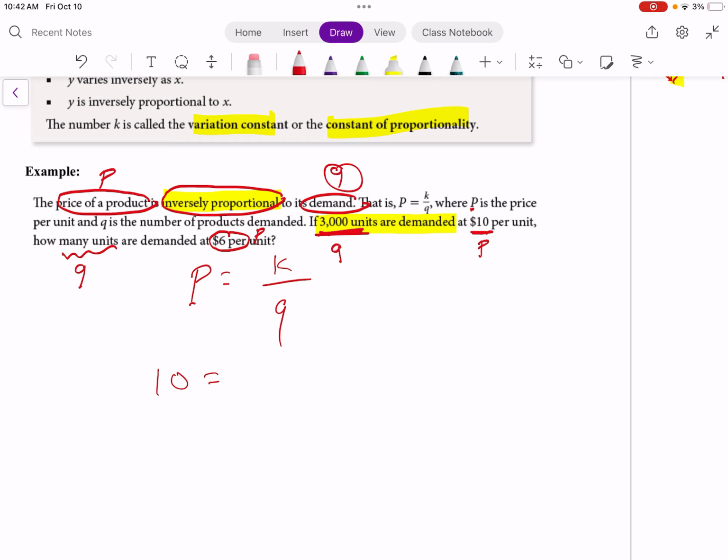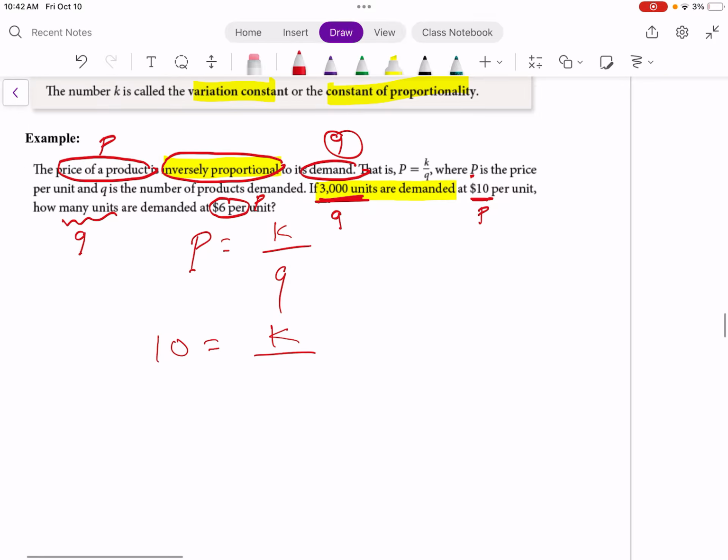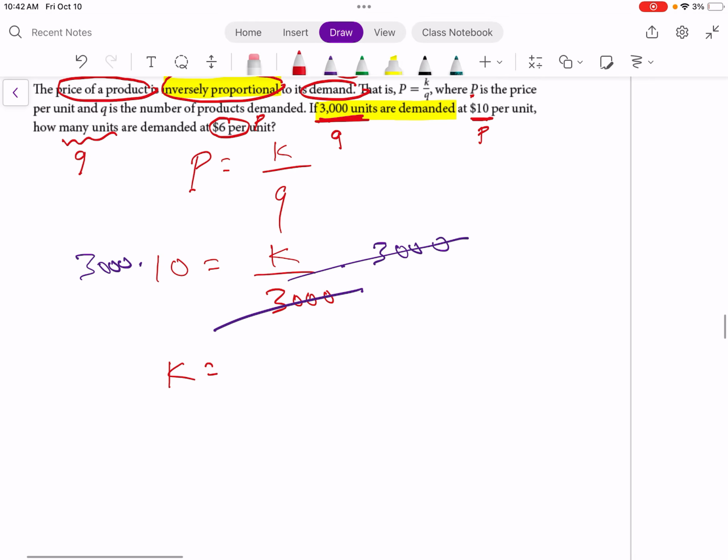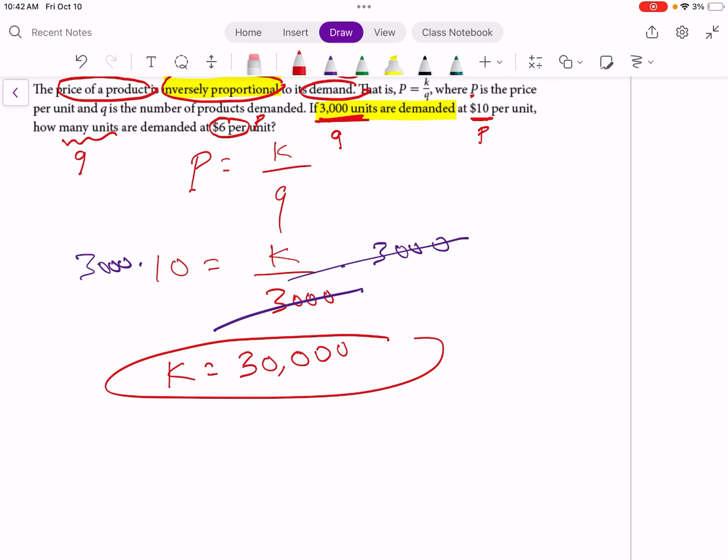So our P is 10, k is unknown, Q is 3000. Now let's solve this for k. We multiply both sides by 3000, so this is gone. Our k is 30,000, right? So this is the variation constant.